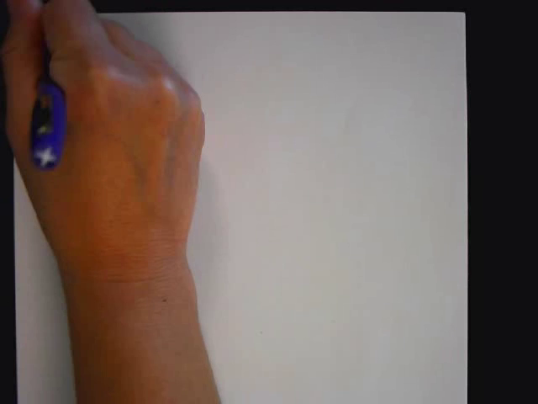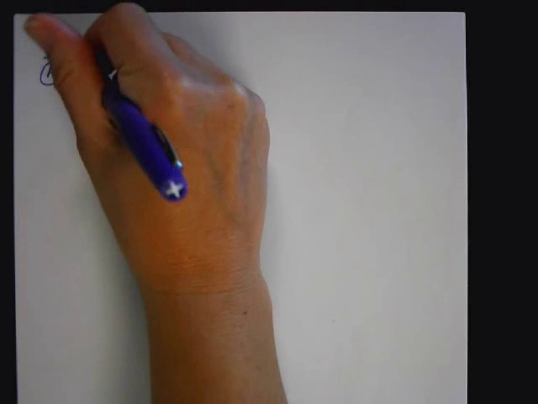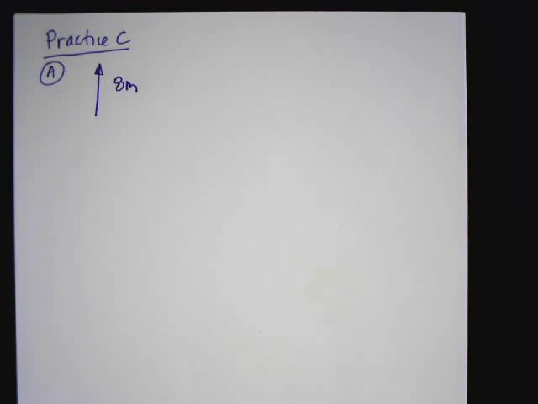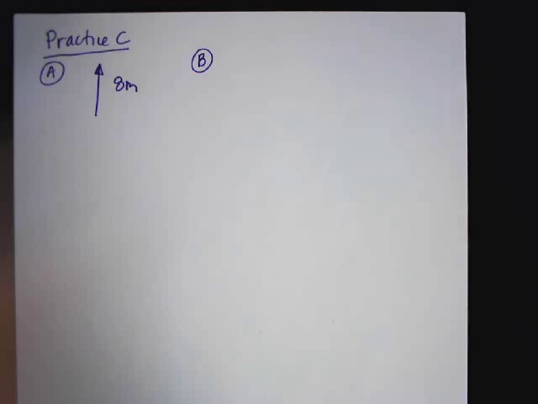So first, I want to see what's happening here. In the first part, I'm going to call it A. The clown runs 8 meters north. So I'm going to draw my vector of his displacement, and he goes 8 meters north. So that's A. Then in the next part, he turns 55 degrees north of east and runs 3.5 meters.